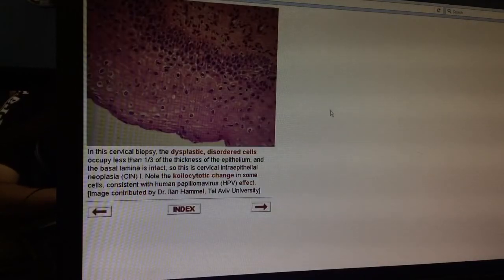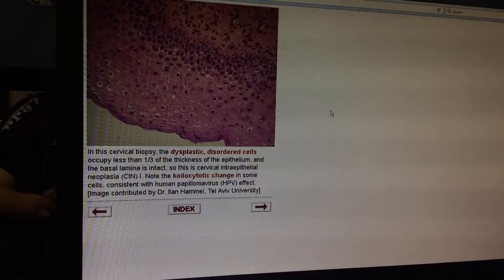When we are talking about dysplasia, what is the meaning of dysplasia? What is the difference between dysplasia and normal tissue? Changing, okay. They are disorganized cells.